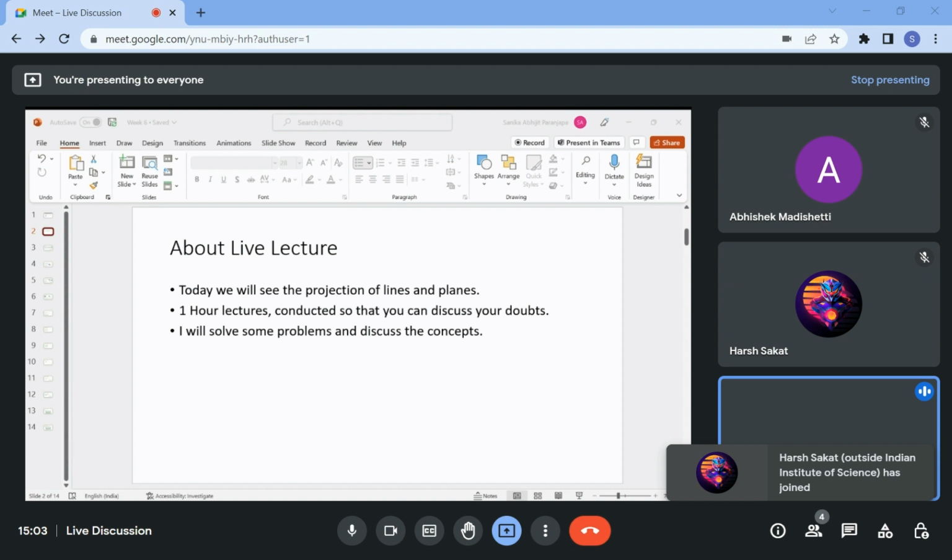As long as I'm not changing the angle with the horizontal plane, the length of the projection in the horizontal plane will not change. I showed this model last time. If I keep it like this and rotate it, this is my line AB, which I'm rotating. My angle with respect to the horizontal plane is constant.